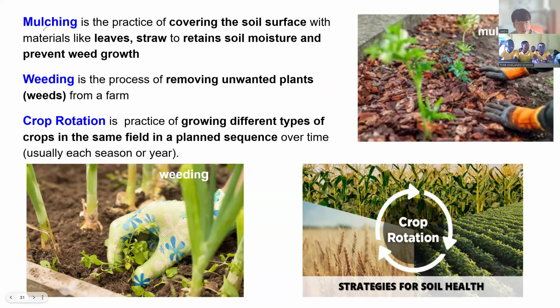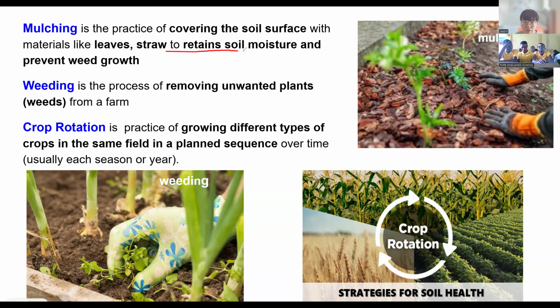Mulching, our previous option, is the practice of covering the soil surface with materials like leaves and straw to retain soil moisture and prevent weed growth. We've talked about this already being helpful in soil water retention and nutrient retention.